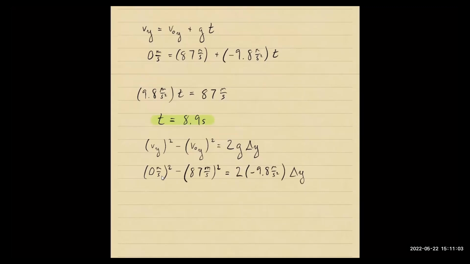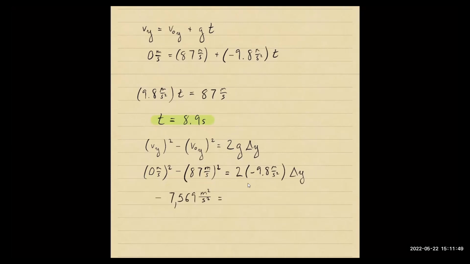So now 0 squared is going to be 0. So we have 0 minus 87 squared. So 87 squared. The left-hand side becomes minus 7,569, and it's going to have units of meters squared per second squared, right, because we squared it.